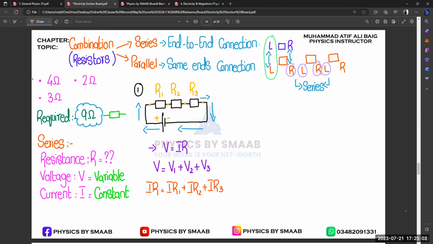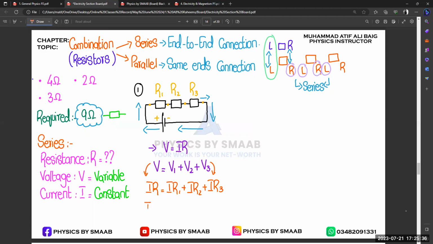We know that V is equal to IR, so we simply write IR in the replacement of V. The same goes for V1, V2, V3. And you know that current remains constant, so we do not write I1, I2, I3. Because current is constant, it remains the same everywhere, so we simply write I.